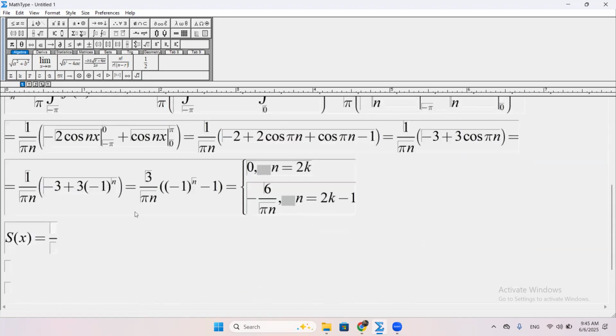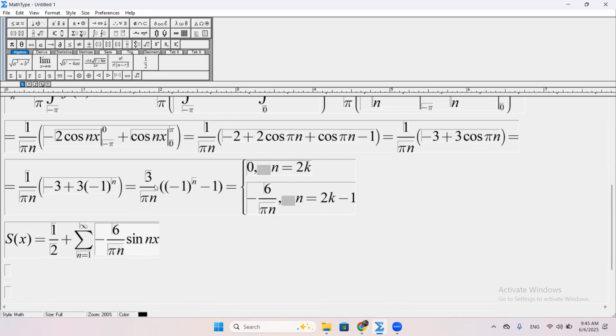So a0 over 2, 1 over 2, plus the following sum, n from 1 to infinity, and this expression multiplied by sine of nx.